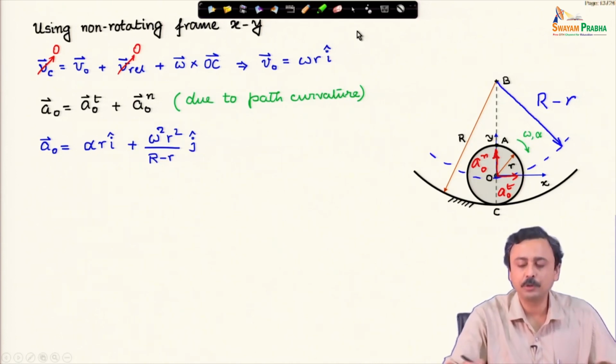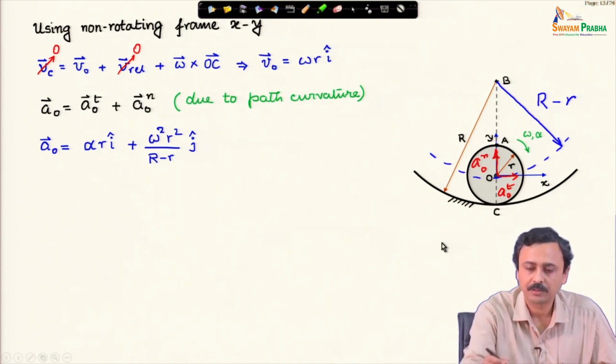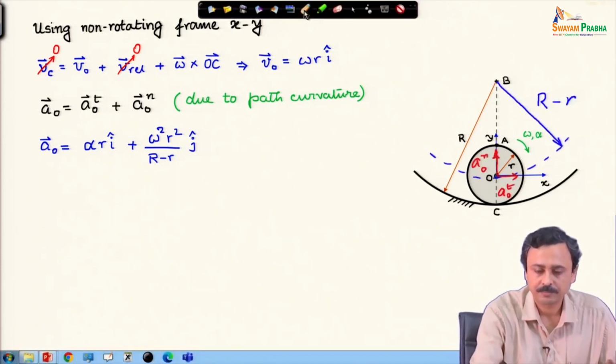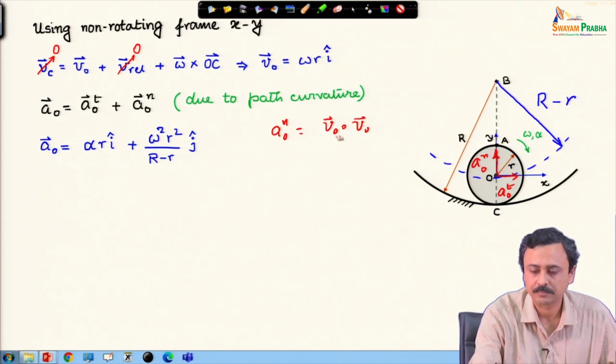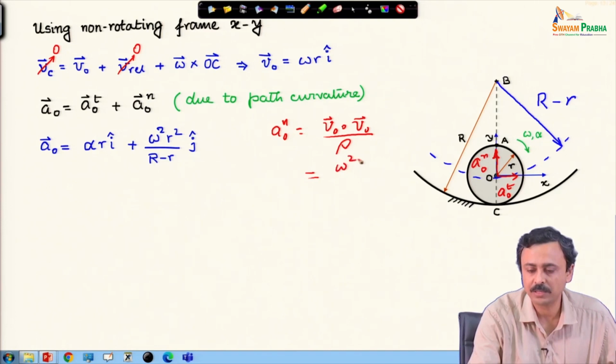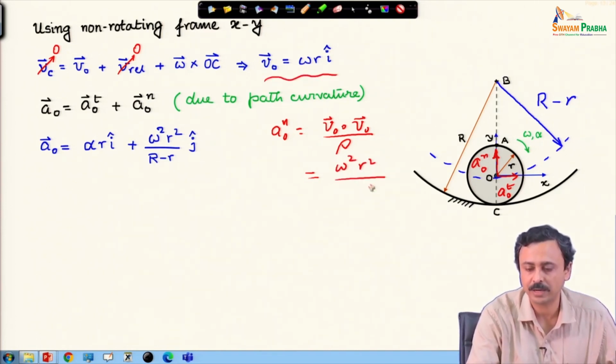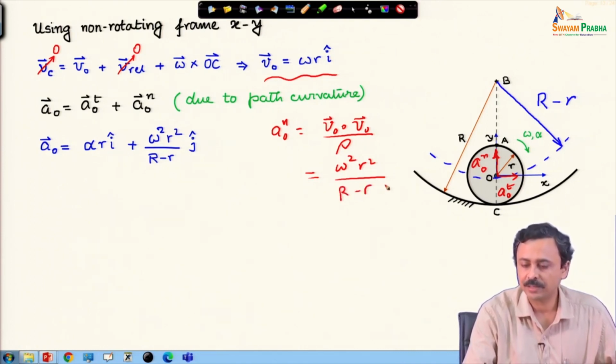Now, the normal acceleration should be the tangential velocity of O squared divided by the radius of curvature, and that happens to be omega square r square. Here we have the expression omega square r square by the radius of curvature, capital R minus small r, and the direction is j cap.